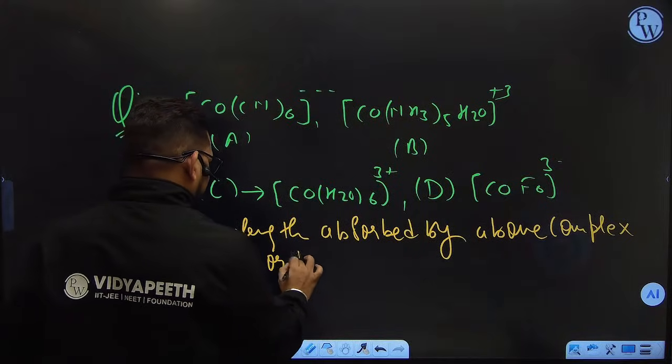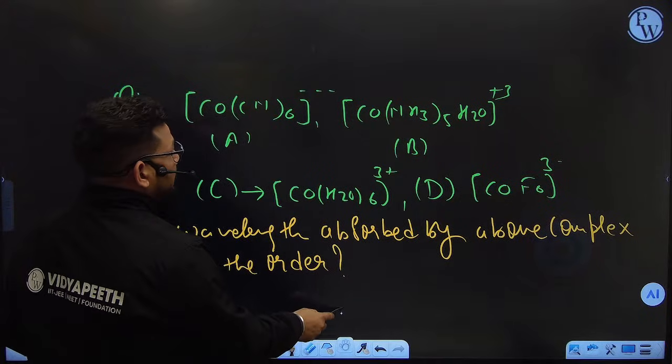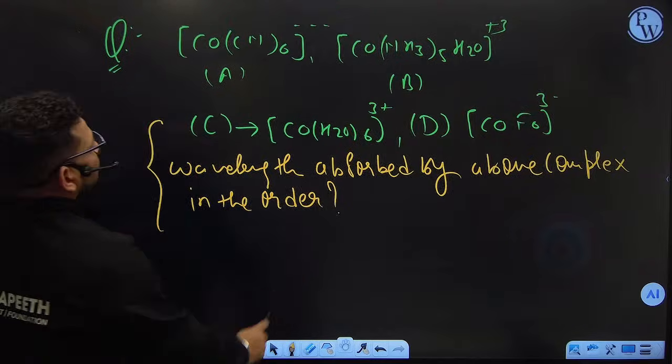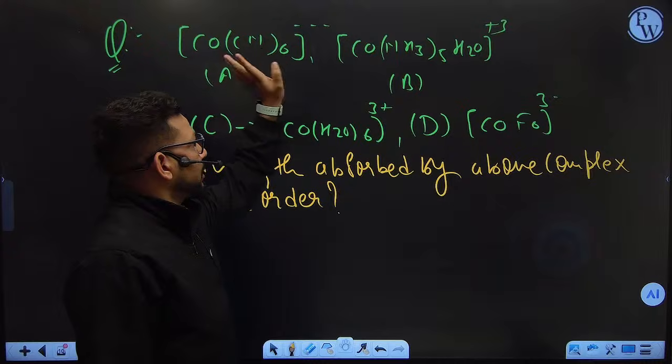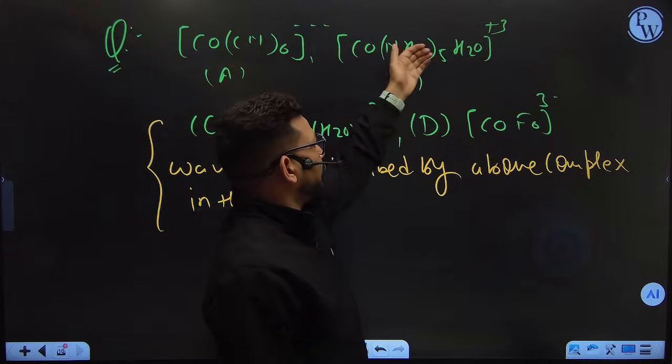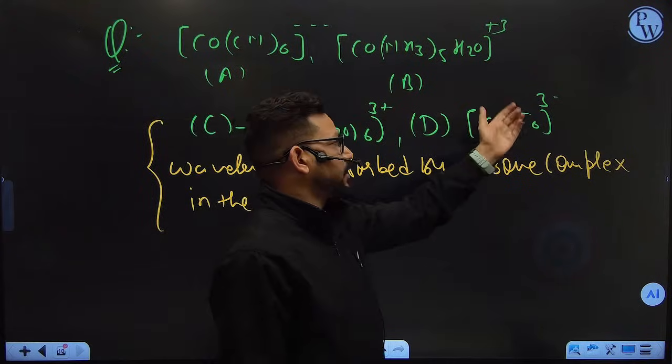So this is the question actually. The question is saying one complex is Co(CN)6 3-, the second one is Co(NH3)5 H2O 3+, the third one is Co(H2O)6 3+, and the fourth is CoF6 3-.